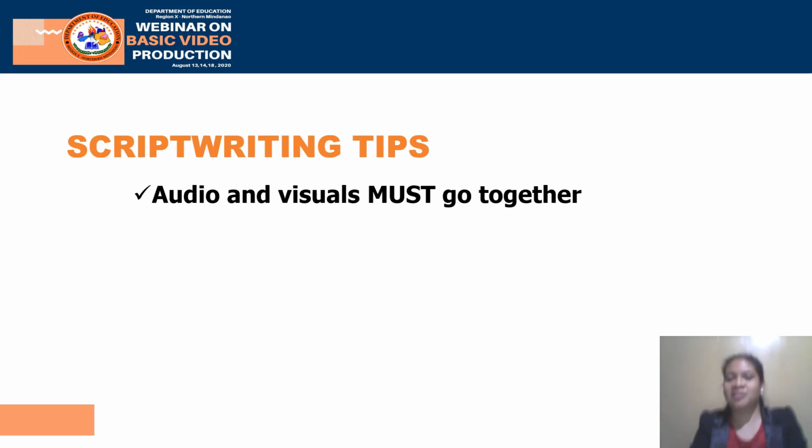In TV, it's different because we are using both our eyes and our ears. So it must be that what our learners see and what they hear go together well.